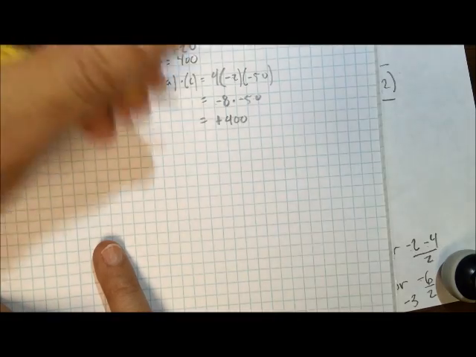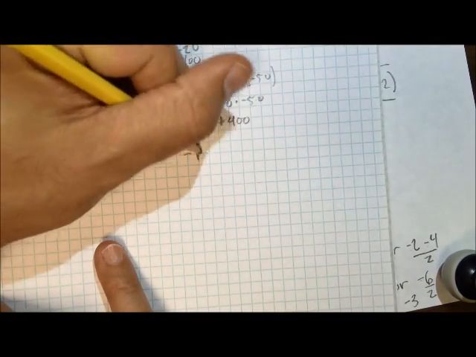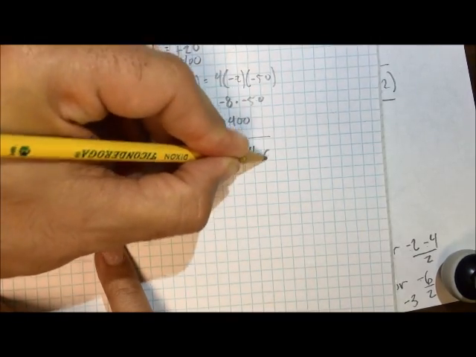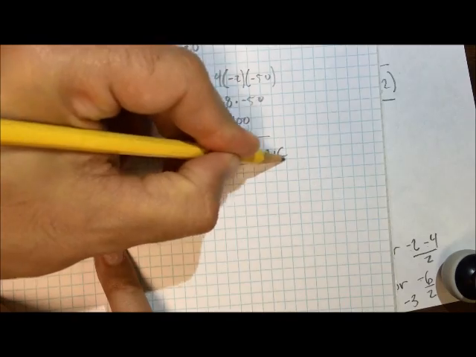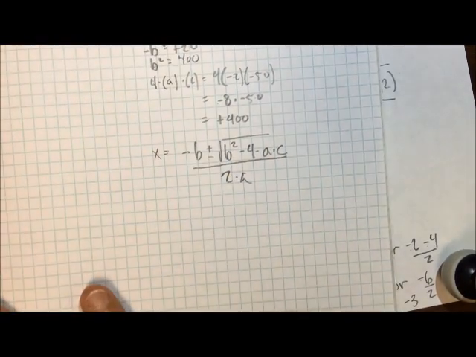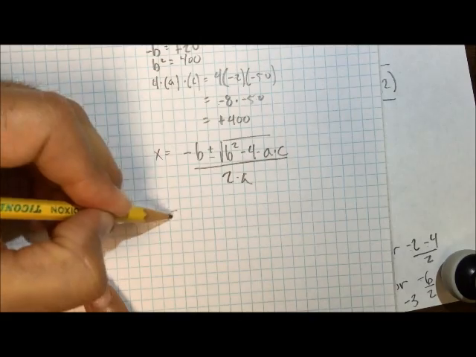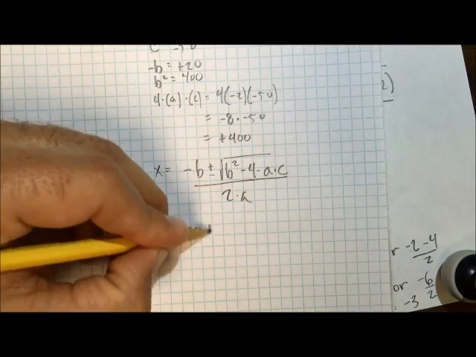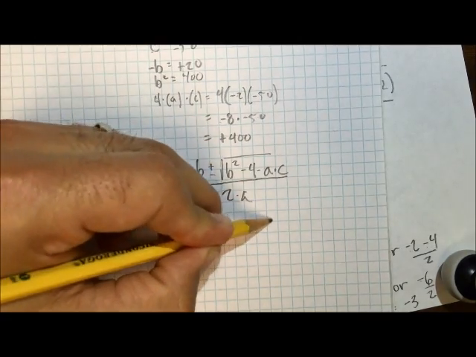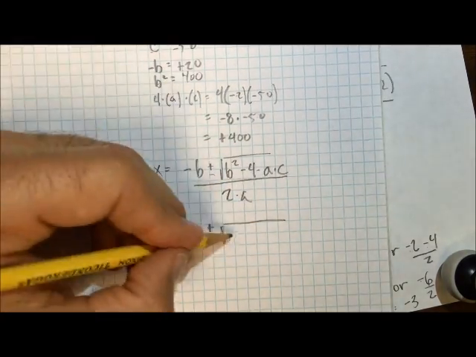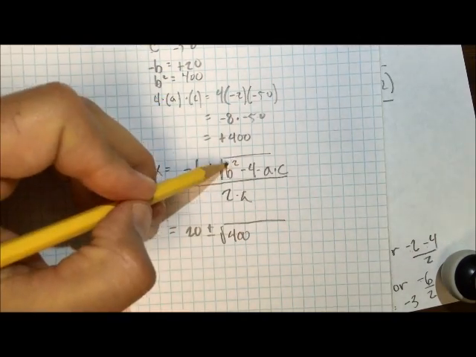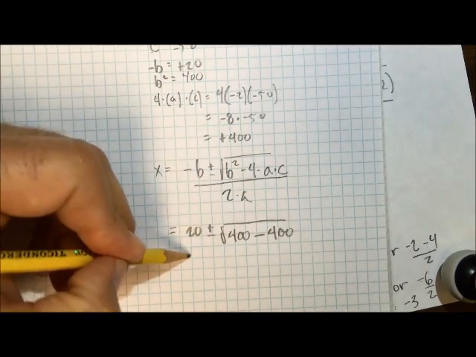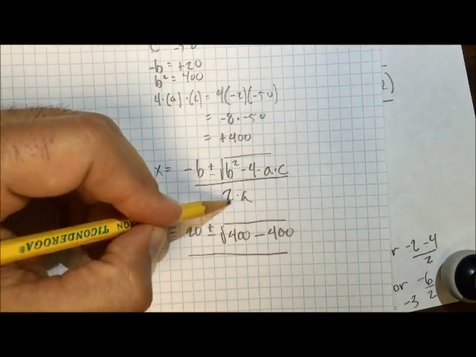All right, so we're going to use our quadratic formula, which is x equals negative b plus or minus the square root of b squared minus 4 times a times c all over 2 times a. So let's start substituting values. Negative b, we said was 20, plus or minus the square root of b squared, which was 400, minus 4ac, 400, all over 2 times a.